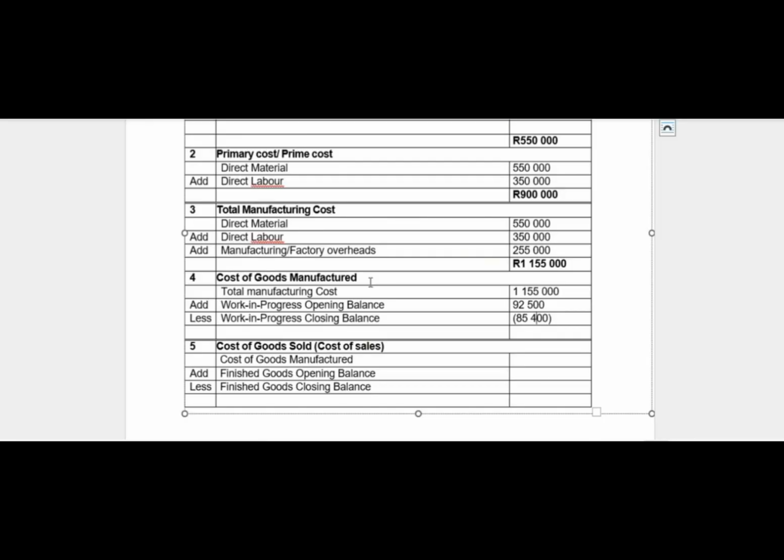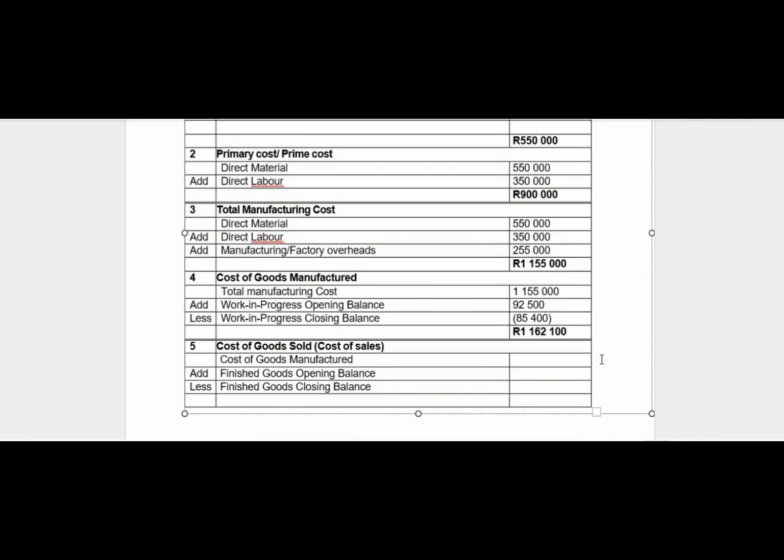I am getting 1 million... Our cost of goods manufactured is 1,162,100. That is our cost of goods manufactured, right?